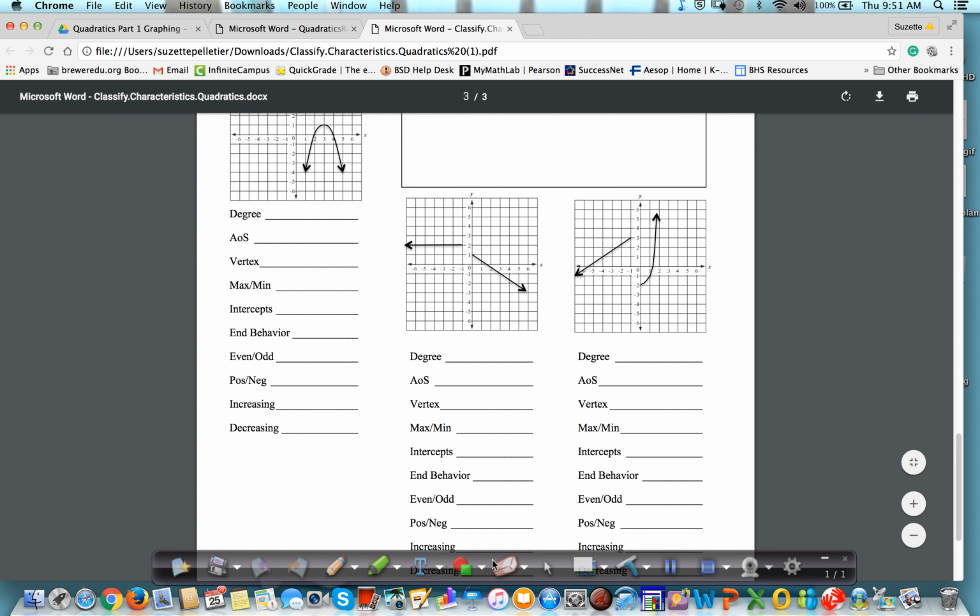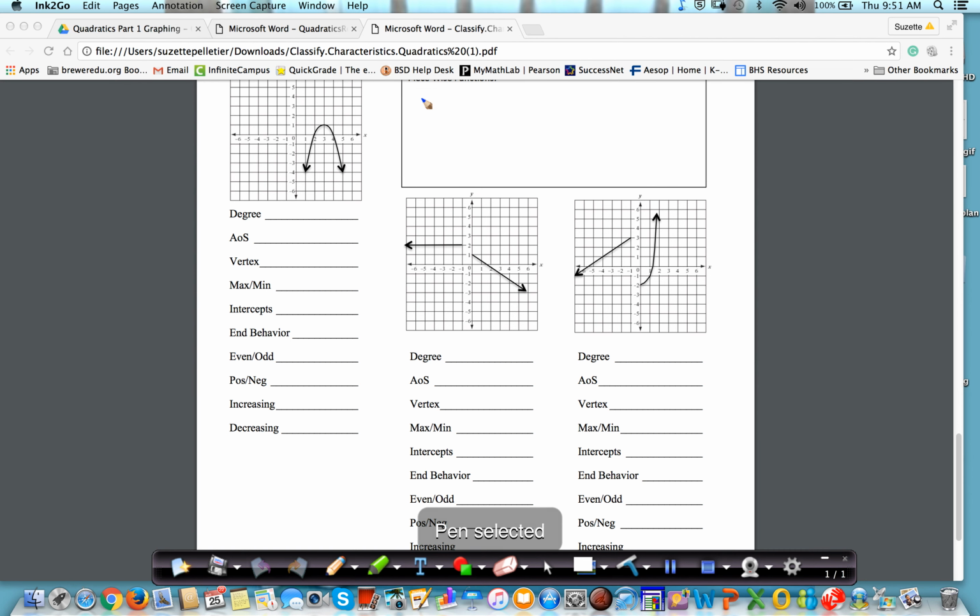And then I do want to talk to you a little bit about piecewise functions. So these guys are functions. It's a function with different rules for different parts of its domain.